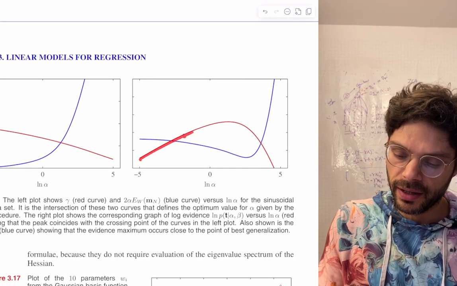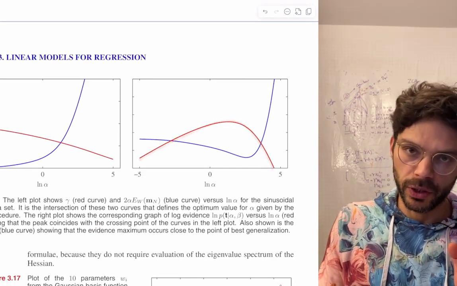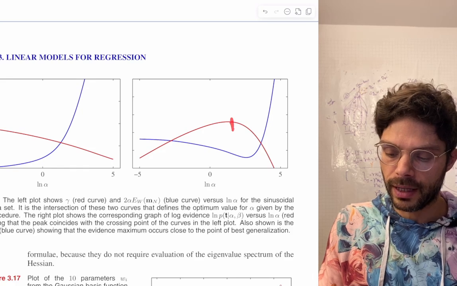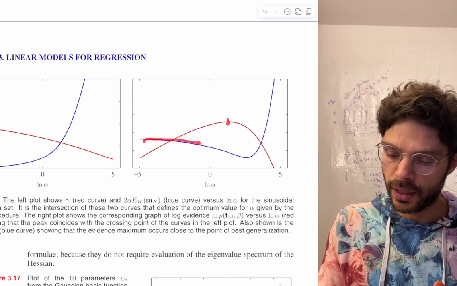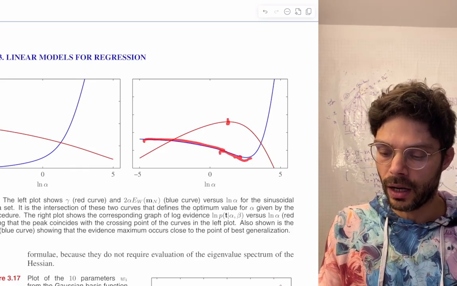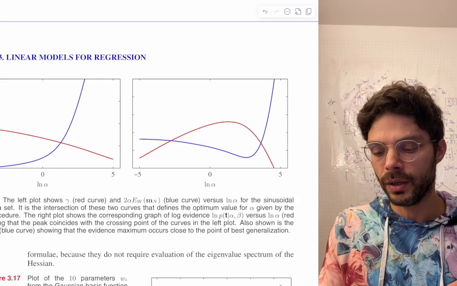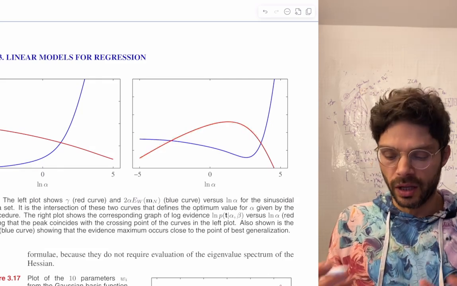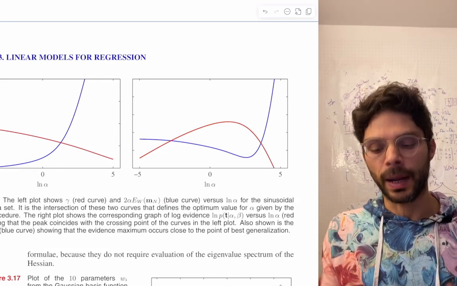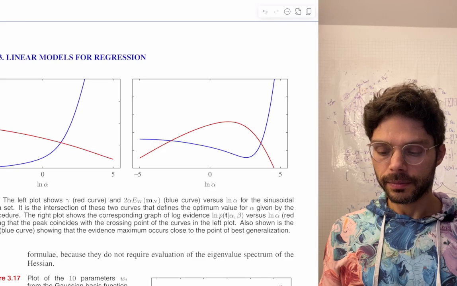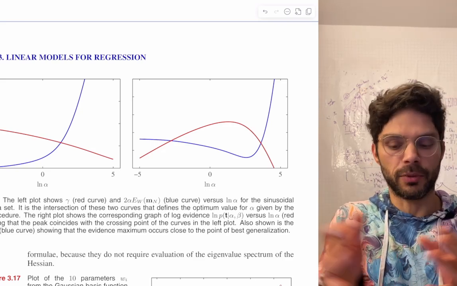If we pick alpha when we know beta, the way this procedure says, without using any test data, we end up doing nearly as well, almost optimally in terms of test error. So it suggests that this approach is promising and useful for picking these hyperparameters and approximating your predictive distribution that way.